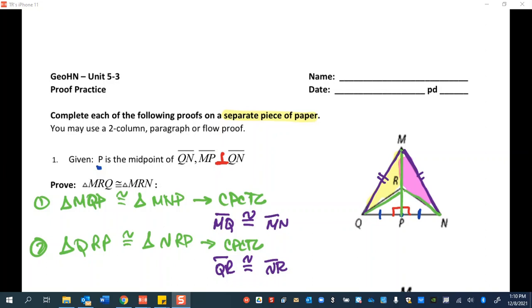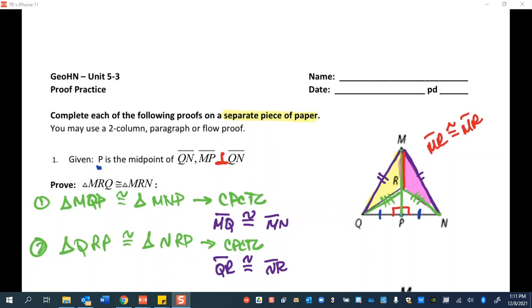So if I have that side congruent to this side, what's left? Yeah, side, side, side. Now you're going to have to go back and state specifically that MR is congruent to MR. So MR being congruent to MR is again the reflexive property, but notice that's not the same as MP being congruent to MP.